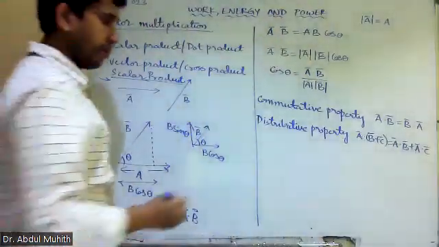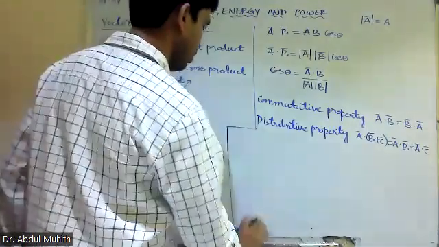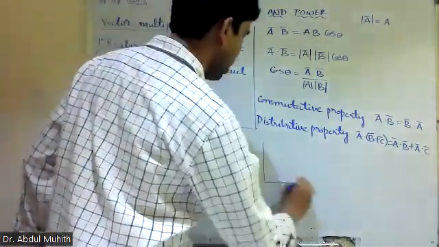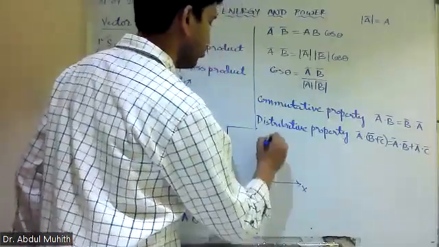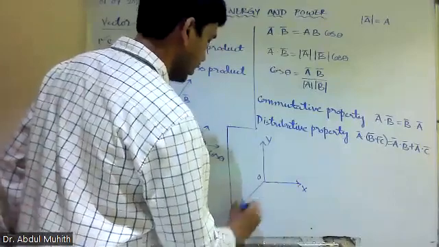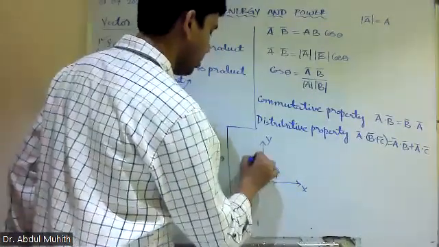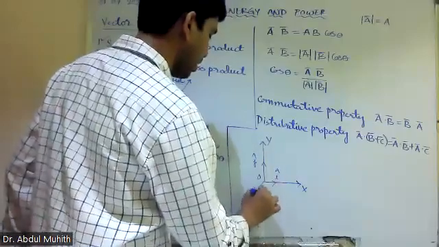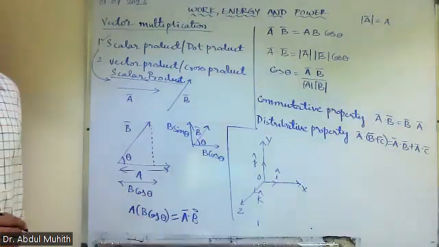Now, here we have three components: origin, x-axis, y-axis, z-axis. This is i cap, next one is j cap, this is k cap. What are i cap, j cap, and k cap?